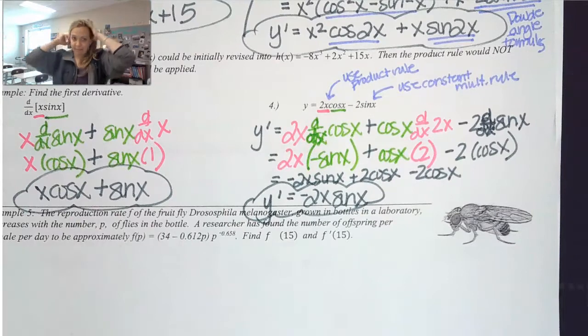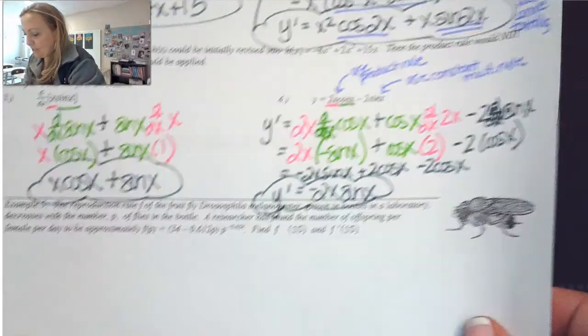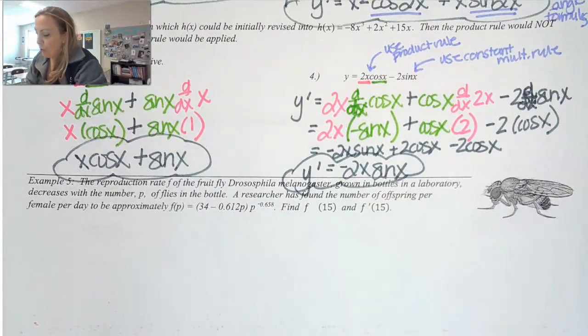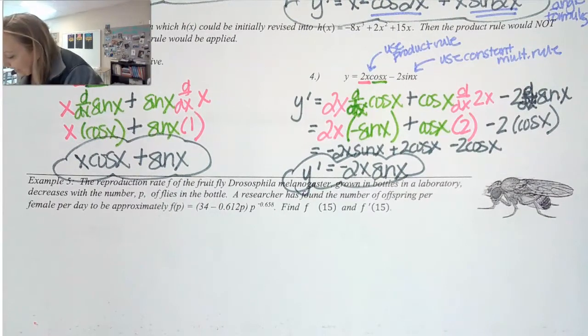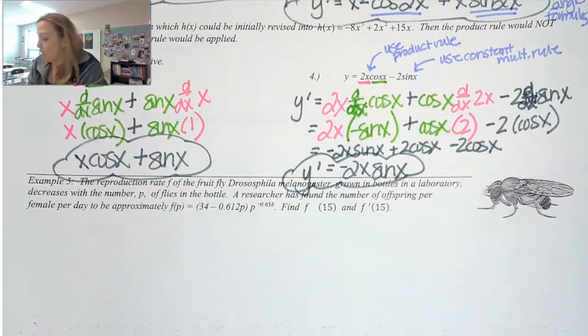So example 5. The reproduction rate f of the fruit fly Drosophila melanogaster, grown in bottles in a laboratory, decreases with the number p of flies in the bottle.